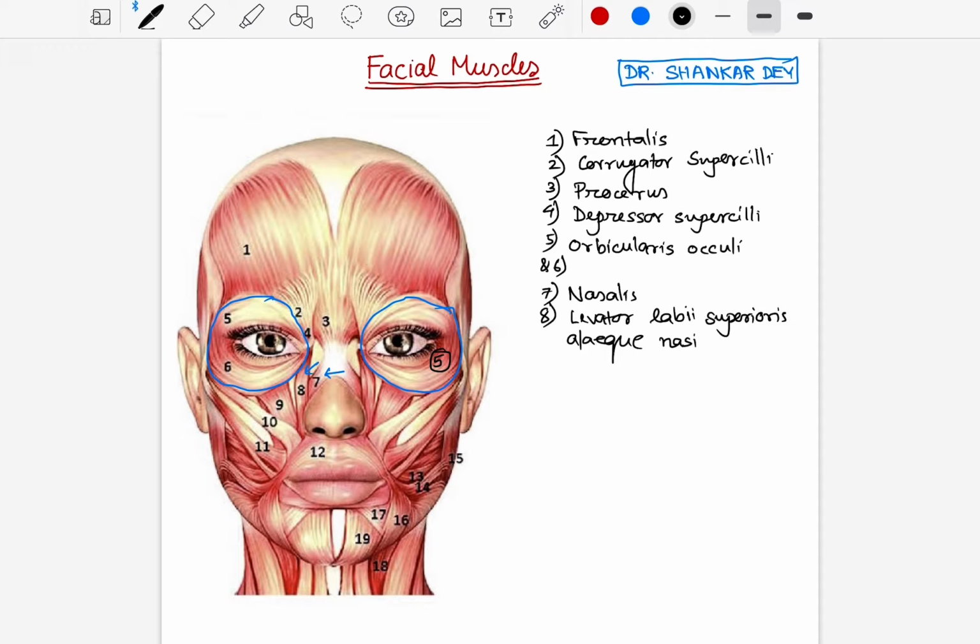What is number 9? This muscle is number 9. This is levator labii superioris.